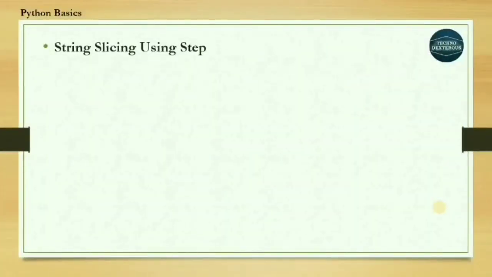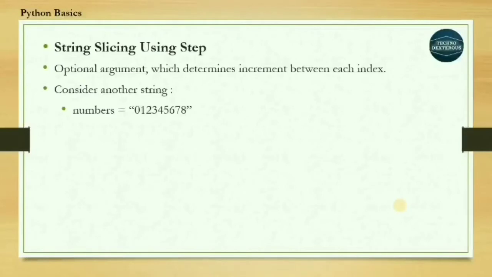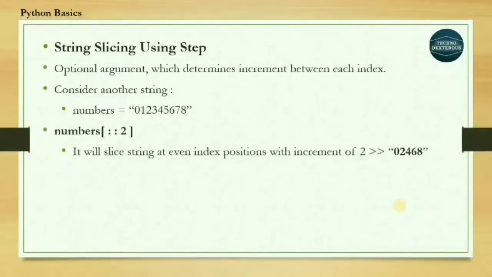String slicing using step. We have seen that step is an optional argument which determines increment between each index. Consider another string, that is a string of numbers. So let's consider one string which contains numbers only. So to get the better understanding of the concept step here, let's slice it. Numbers square bracket colon 2.